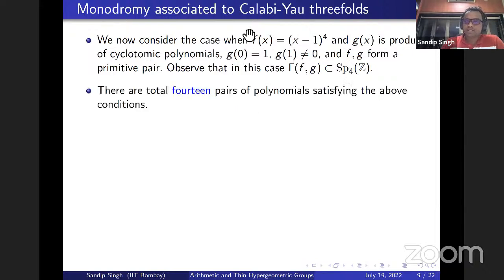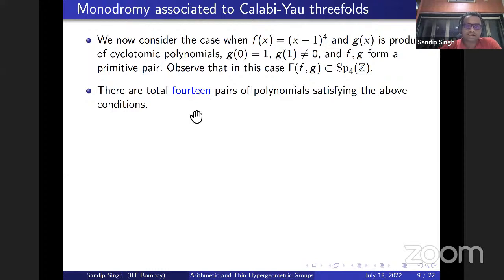It is not difficult to write all possible pairs of f and g, because we know all cyclotomic polynomials of any degree. You can just write down the pairs that satisfy these conditions of Beukers and Heckman.